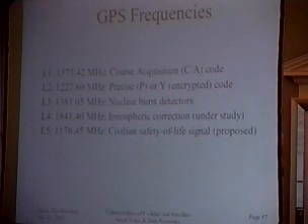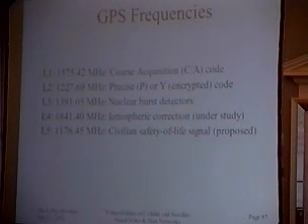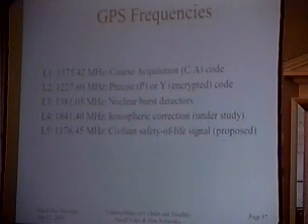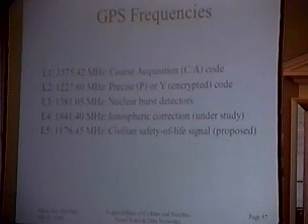On that second frequency is a code that's correlated to the coarse acquisition, but it's called precise, and it will give you much better accuracy, 10 meters or better. In times when the Pentagon's excited, they'll encrypt that, and then they call it Y code. But the military receivers are able to decode that and still get the information.